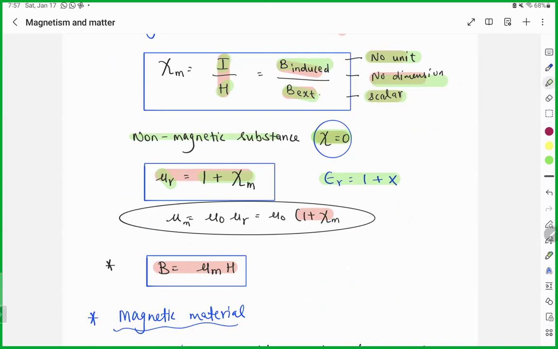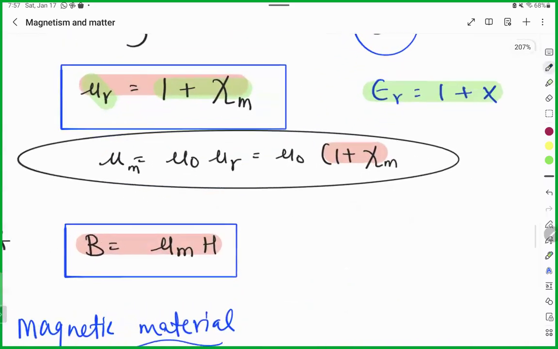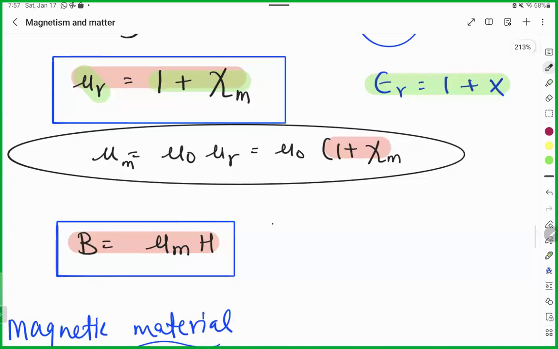This we already did. Let me ask Anvita, what is magnetic field intensity? Sir, I can't remember.